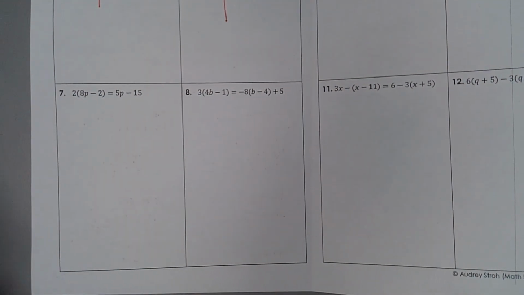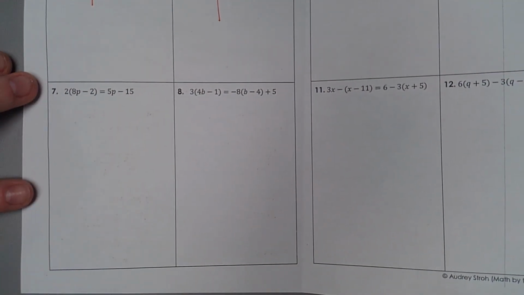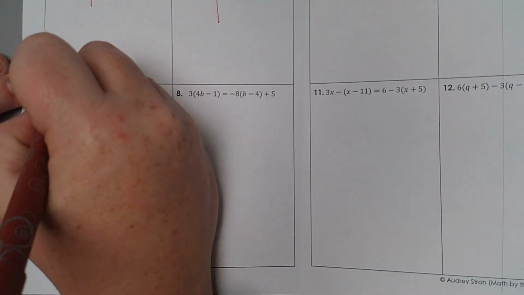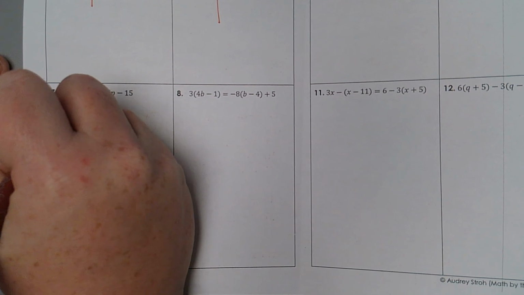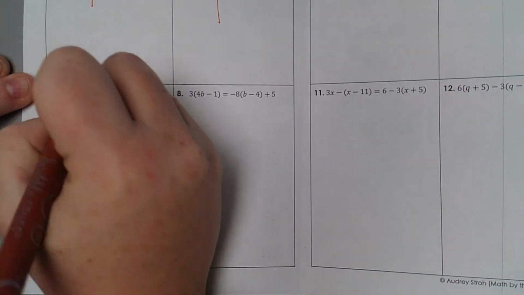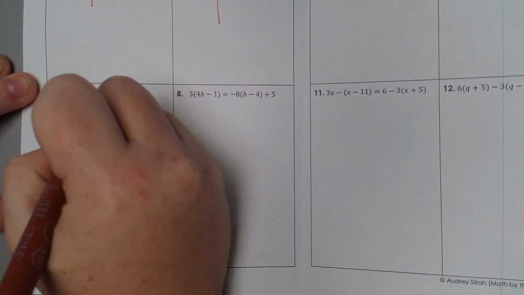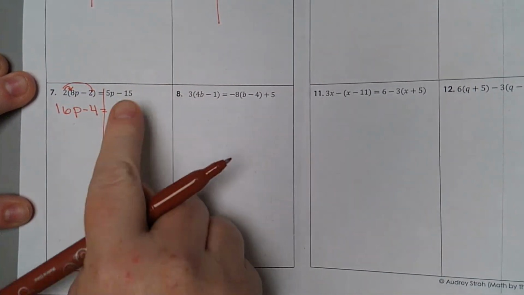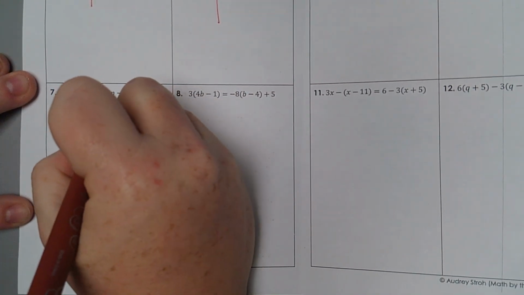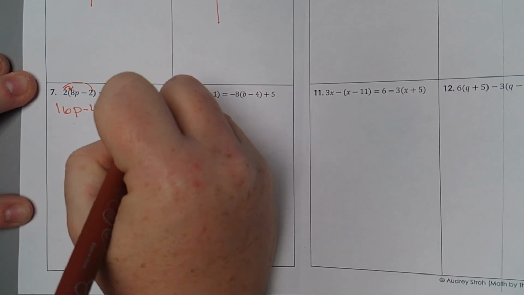Number 7, we have parentheses, so I need to distribute, which means I'm multiplying. 2 times 8p is 16p. 2 times negative 2 is negative 4. And then I didn't do anything on this side, so I'm just going to rewrite it. 5p minus 15.